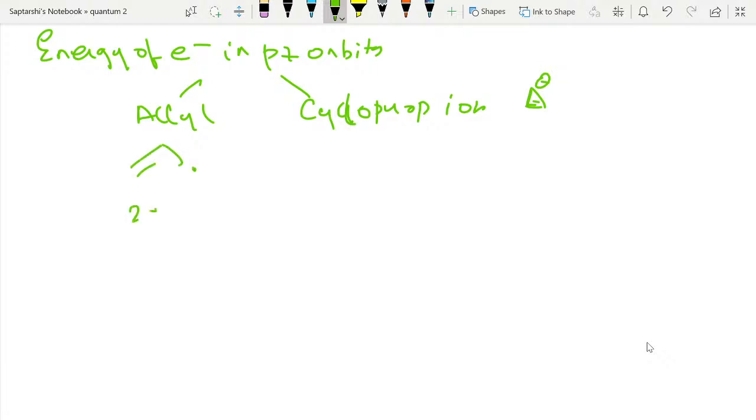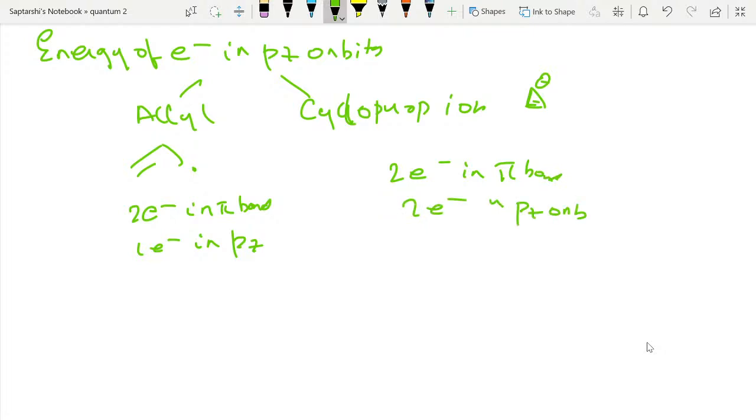There will be two electrons in pi bond, one electron in pz orbital, and over here there are two electrons in pi bond and two electrons in pz orbital. So as you can see, there are two electrons over here, two electrons over here, one electron in pz, and two electrons in pz only.